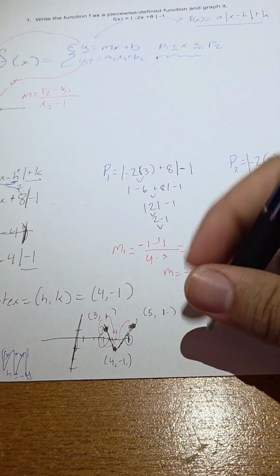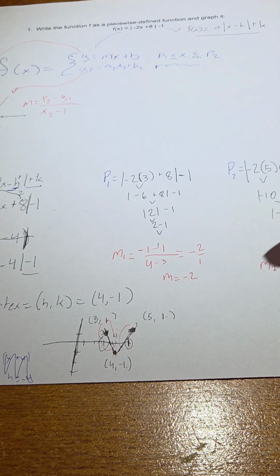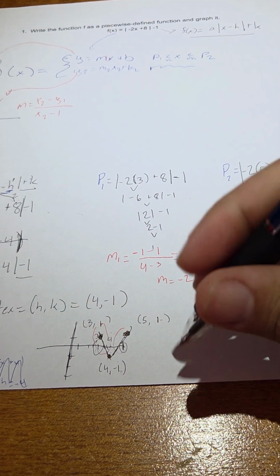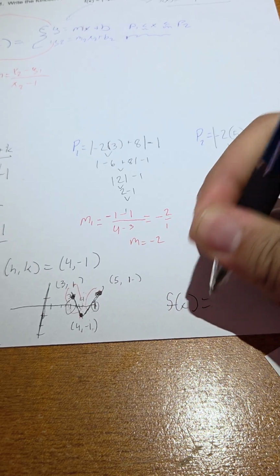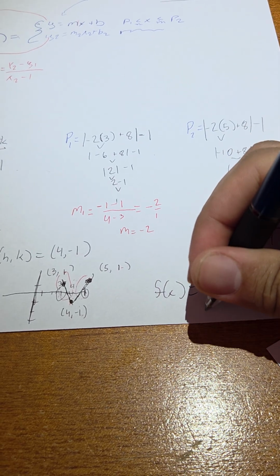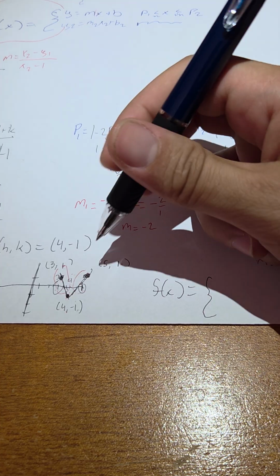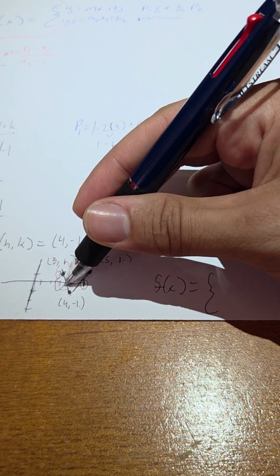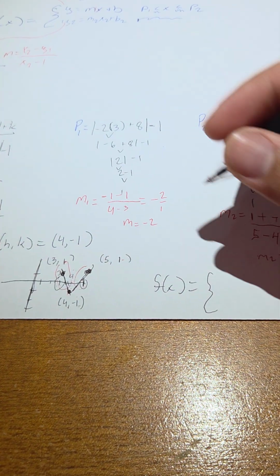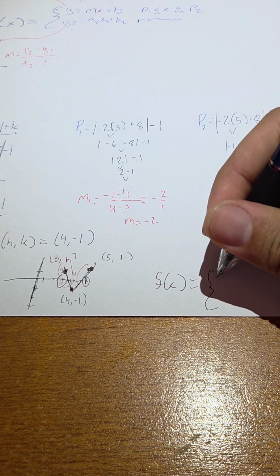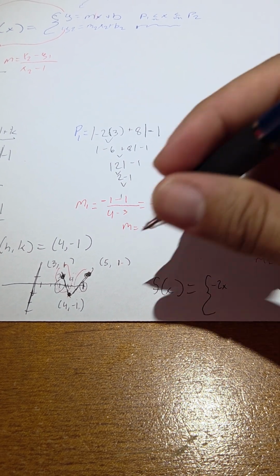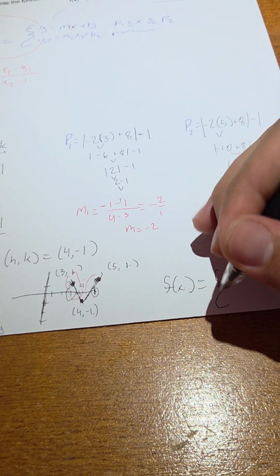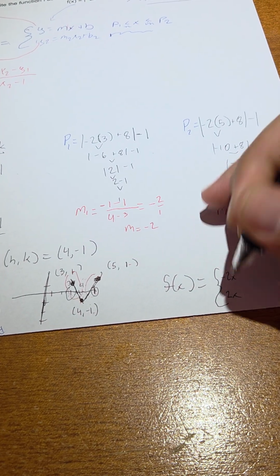F of x is equal to, then we'll start with this line. The m for this line is negative 2x, and then we have the plus or minus b, we don't know yet. And then the other line is going to be 2x.